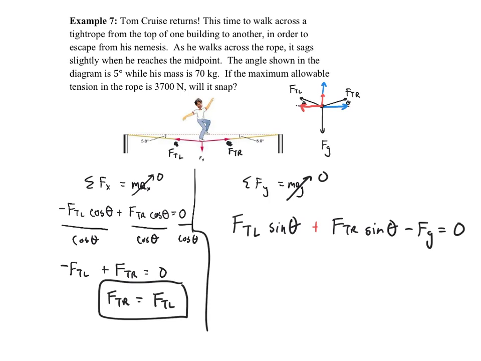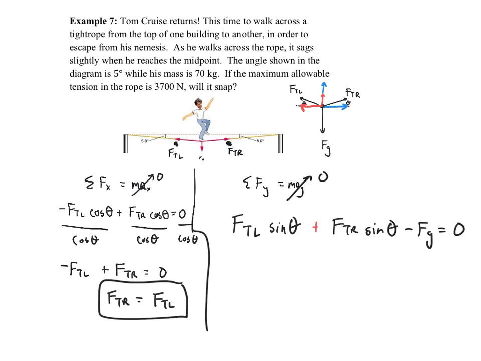But because they're the same, we can say instead, let's just call them both FT. Remember how earlier I said, if I have two different objects, I'm going to call them M1 and M2, or MA and MB. But if the objects have the exact same mass, I'll probably just call them both what? Mass. Yes. I would just call them both M. Not M1, not M2, if they were the same mass.